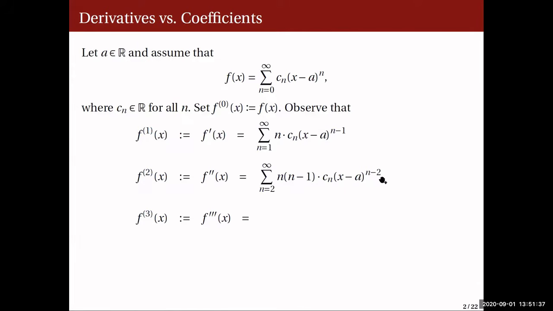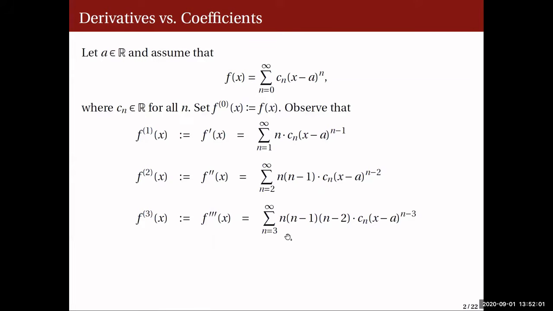For f3, the third derivative, this is the derivative of f double prime, which gives us the summation from n equals 3 of n times n minus 1 times n minus 2 times c sub n times (x minus a) raised to n minus 3.